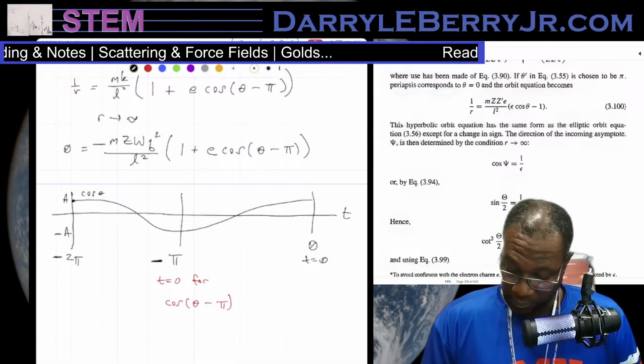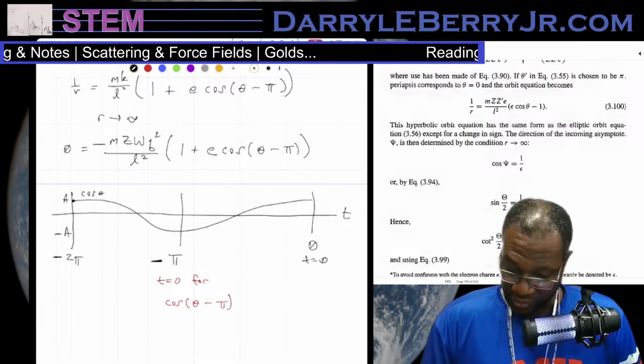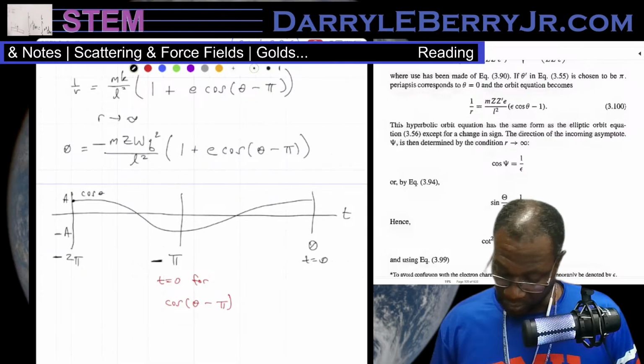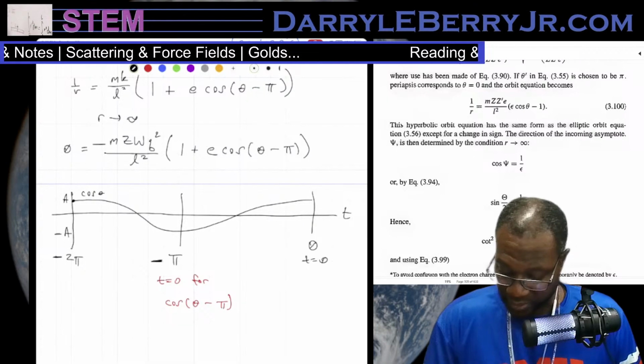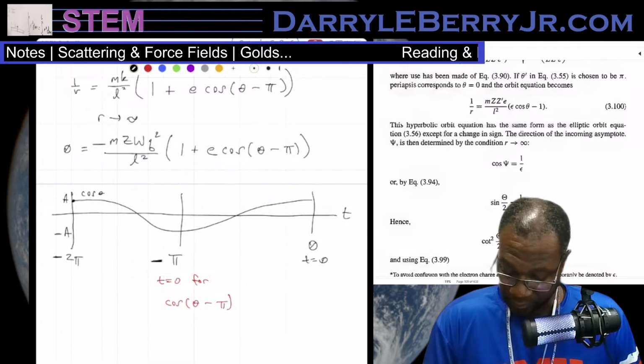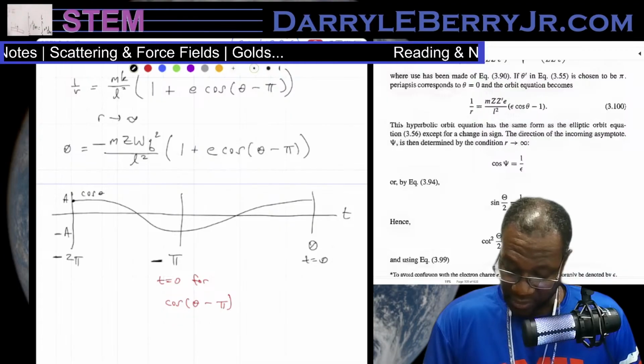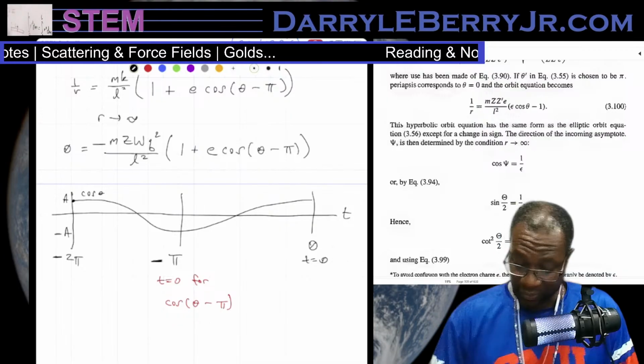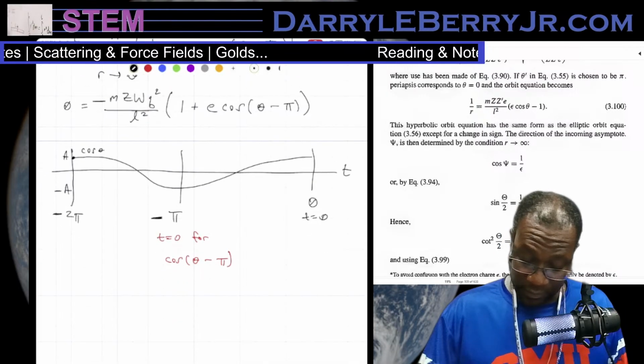So shift the graph to the right. That'll be t equals 0 for cosine theta minus pi. So we see that cosine is negative.